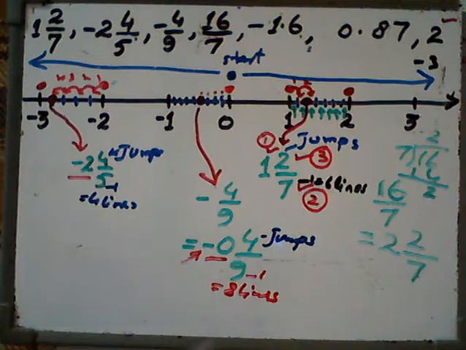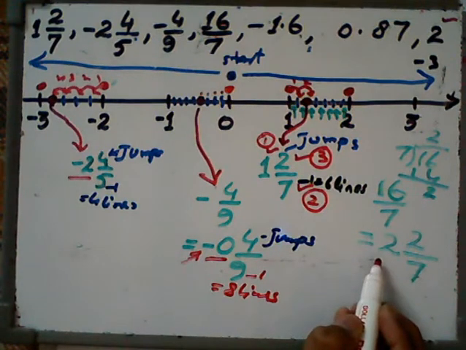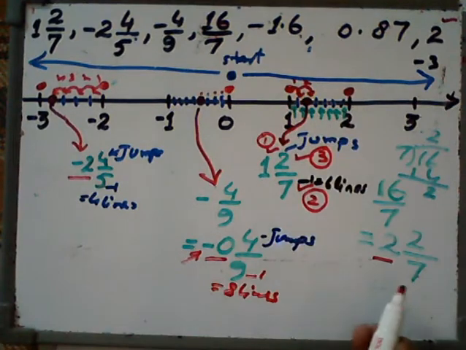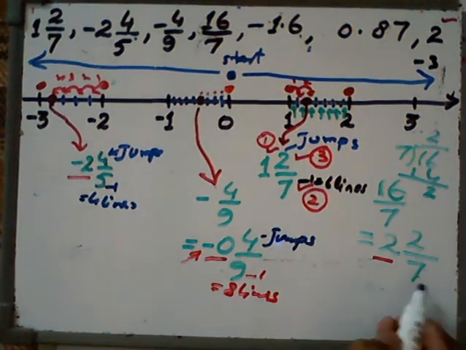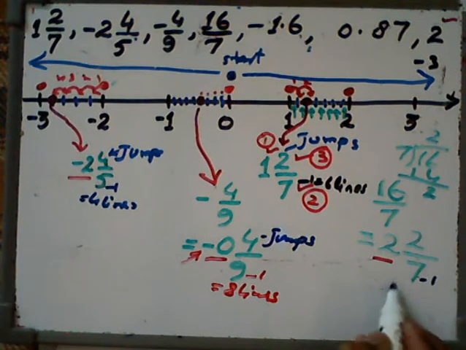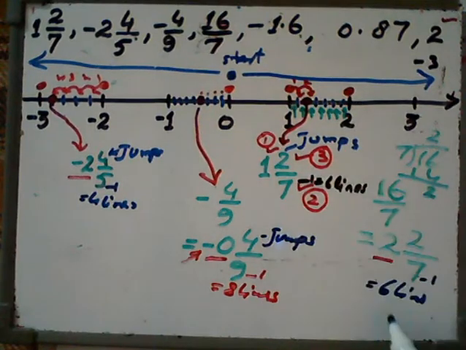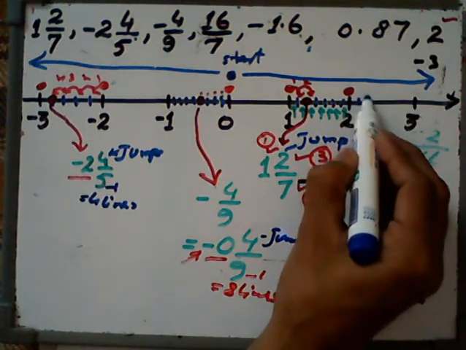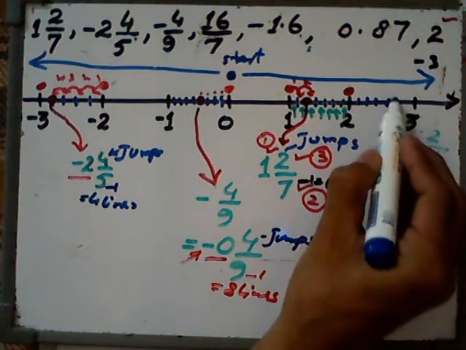Now this again has 3 parts. We have the starting point, and 7 parts, 7 intervals, means 7 minus 1, 6 lines. We'll be drawing 6 lines, and because it is positive, we'll be moving to the right side for the number of lines: 1, 2, 3, 4, 5, 6.